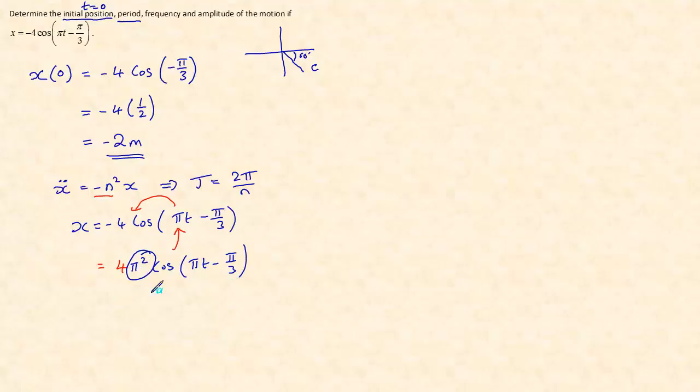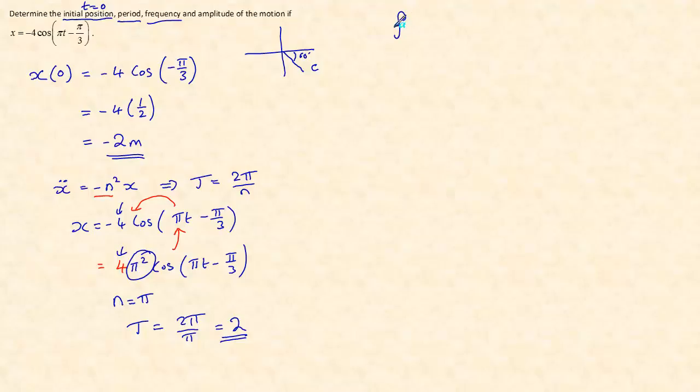So it's this bit here that is our n, not the 4, because that was there already. So we have that n is equal to π, so the period is 2π over π, which is equal to 2. So if time is in seconds, it would be 2 seconds.